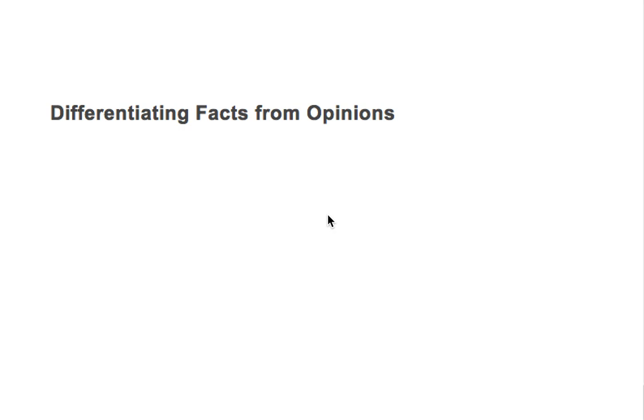In the lesson today, we are going to talk about another topic in academic reading, which is differentiating facts from opinions. Sometimes we also call it distinguishing facts from opinions. What about it?